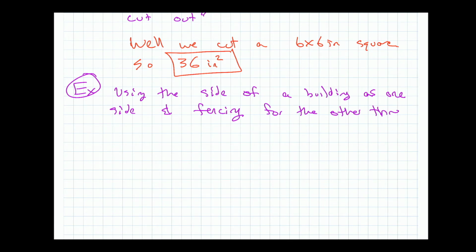They call this the three-sided fence problem. So using the side of a building as one side and fencing for the other three sides, a rectangular garden will be constructed.